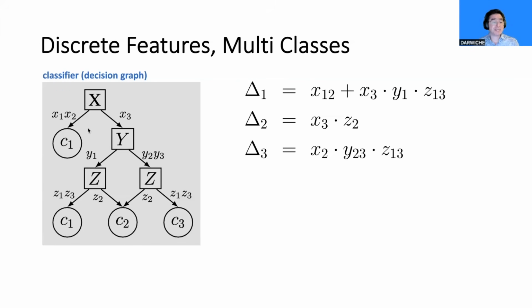Now, this classifier has 27 instances, and 20 of them satisfy this formula or are characterized by this formula, 3 of them by this and 4 by that. So a classifier is effectively a partition of the instances where each element of the partition corresponds to a class, and the formulas are basically describing the elements of this partition.